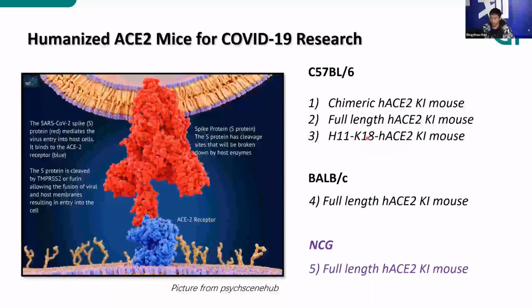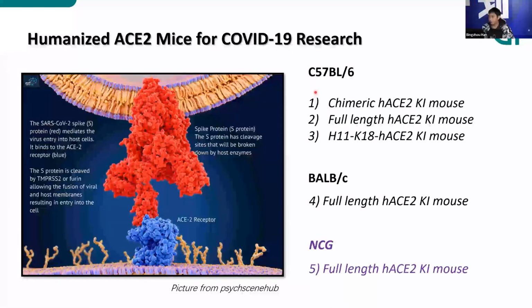Also, the other model strains I want to introduce is the humanized ACE2 mice, because the COVID-19 pandemic is still wild all over the world. We believe that these strains will greatly help the anti-COVID-19 research in our society and all over the world.